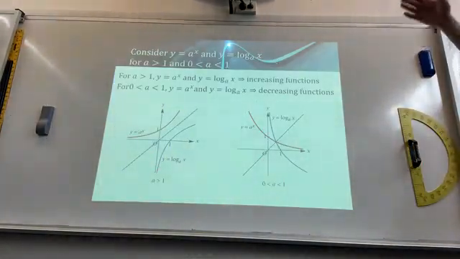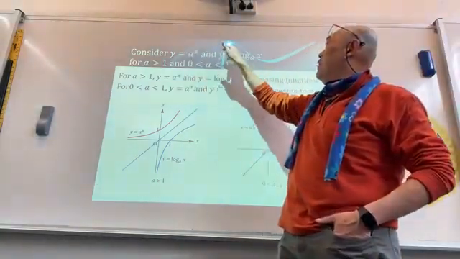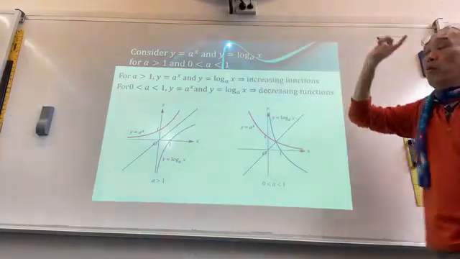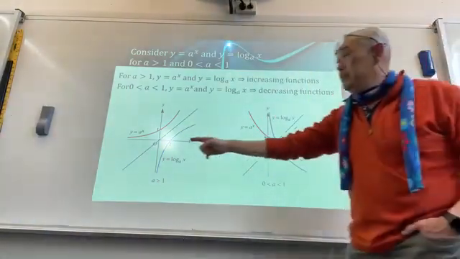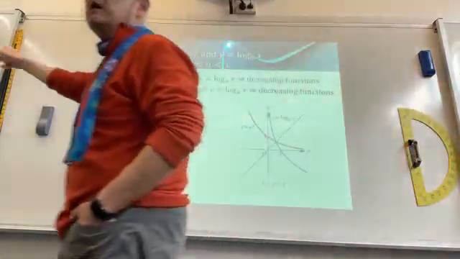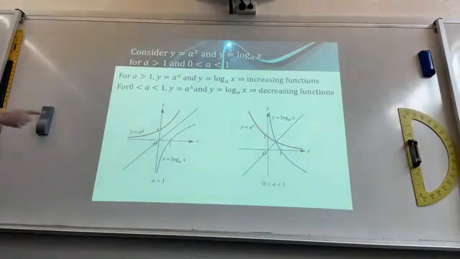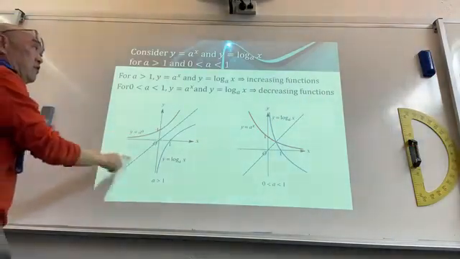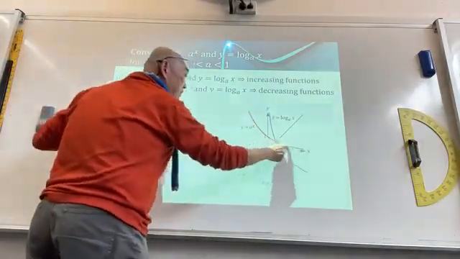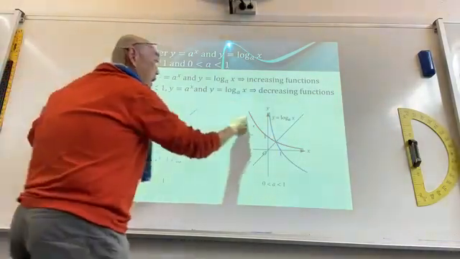Now, consider y equals a^x and y equals log base a of x. In this situation where a is greater than 1, this is an exponential increase, an increasing function. Whereas this one is a decreasing function, exponential decay. Growth and decay.